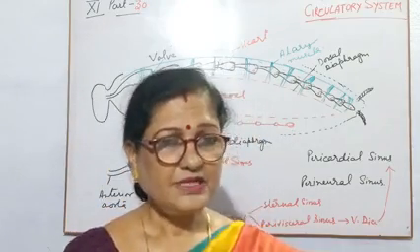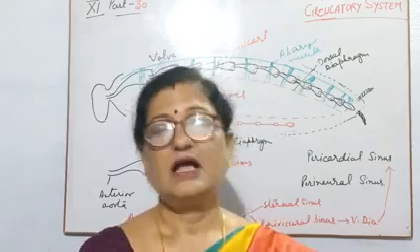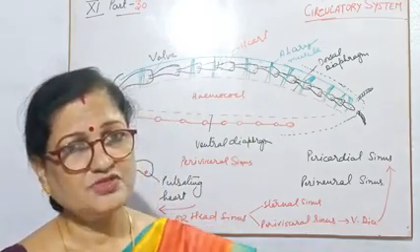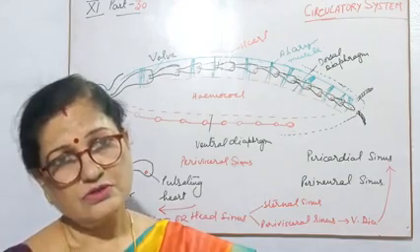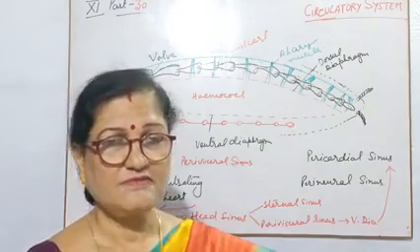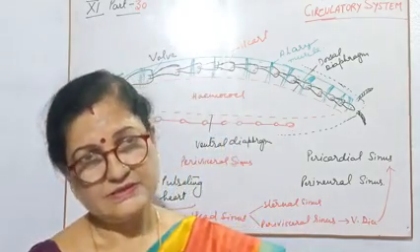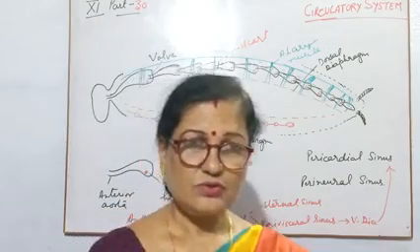From there they can take oxygen, supply it to each and every tissue, and again it will return in the form of CO2, and through that spiracle again it will go out.